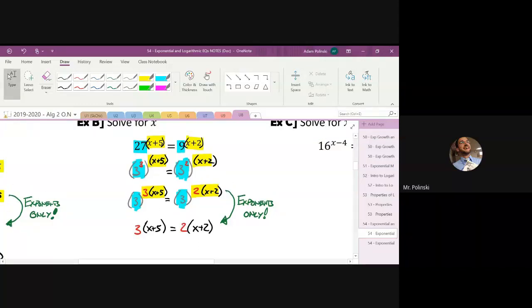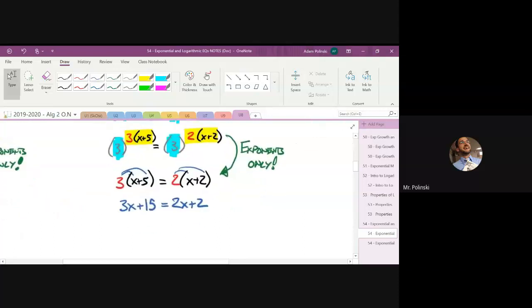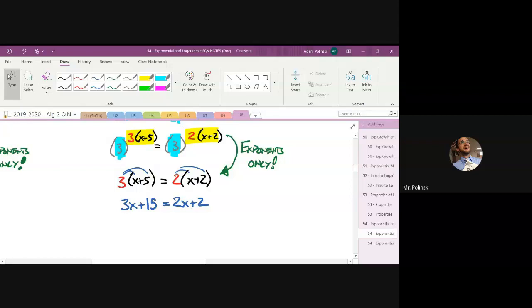Wait a minute, isn't that just like an algebra 1 problem? Yeah, it's like chapter 3 in algebra 1. What are we going to have to do here on both sides? Well, hopefully we'll just distribute, giving us 3x plus 15 is equal to 2x plus 4. Yeah, from here it's just algebra 1 down.